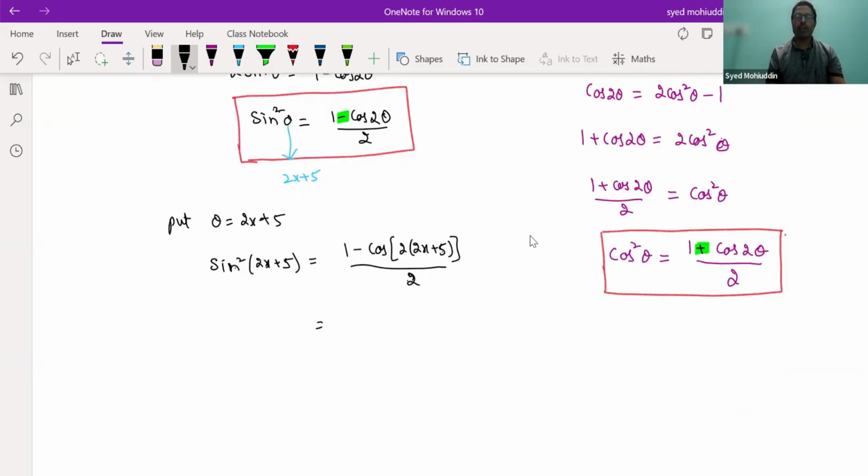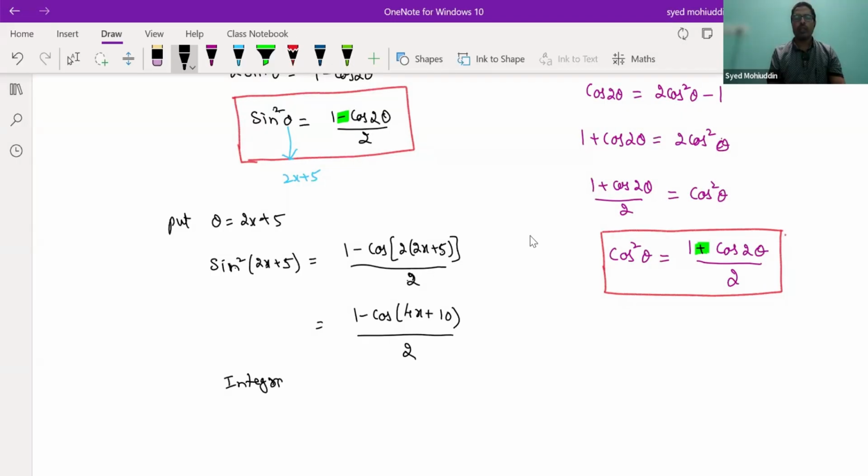I'll try to rewrite this 1 minus cos. Inside, let us try to multiply. So 2 times 2 will become 4, 4x plus 2 times 5 will give you 10, whole divided by 2. Now let's try to integrate this one.